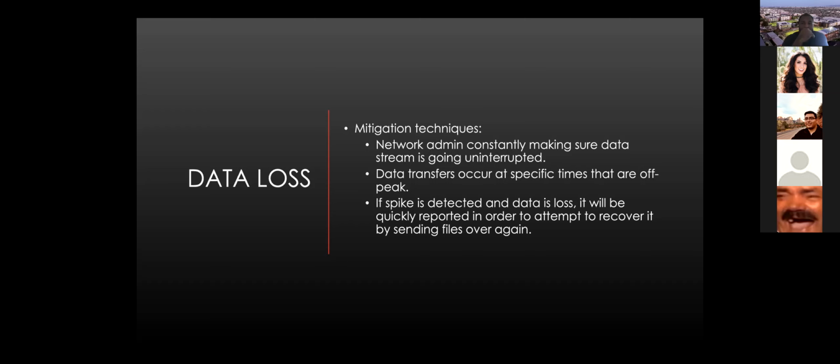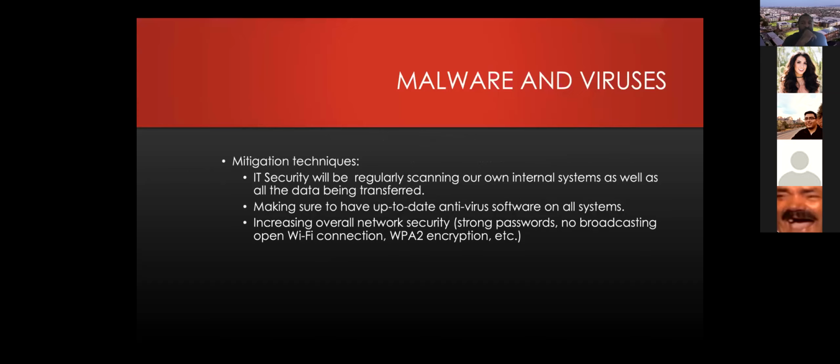Okay. The next one would be malware and viruses. Mainly in this one, the security leader would implement these techniques. We'll be regularly scanning and monitoring the internal systems, so that all the data would be transferred and going to the appropriate system.